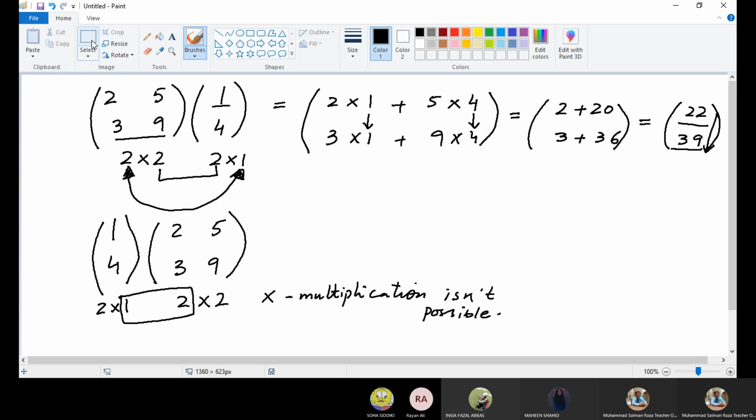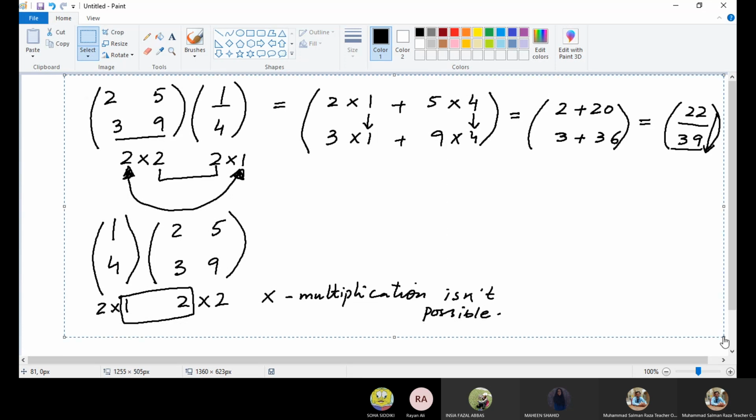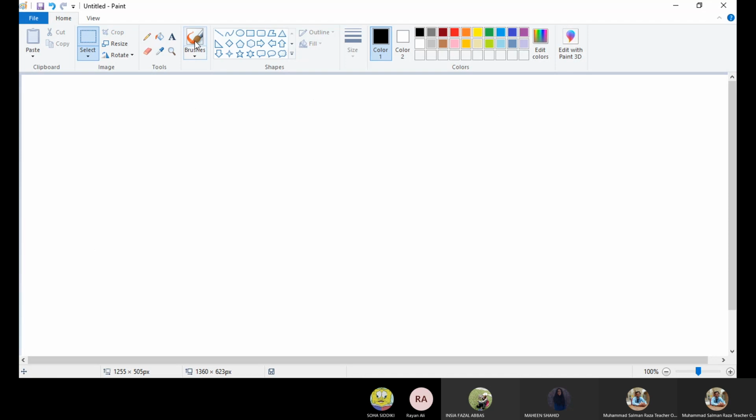There is no such thing like division in matrices. So we are going to see one thing, and after that I'll take you to the addendum part.